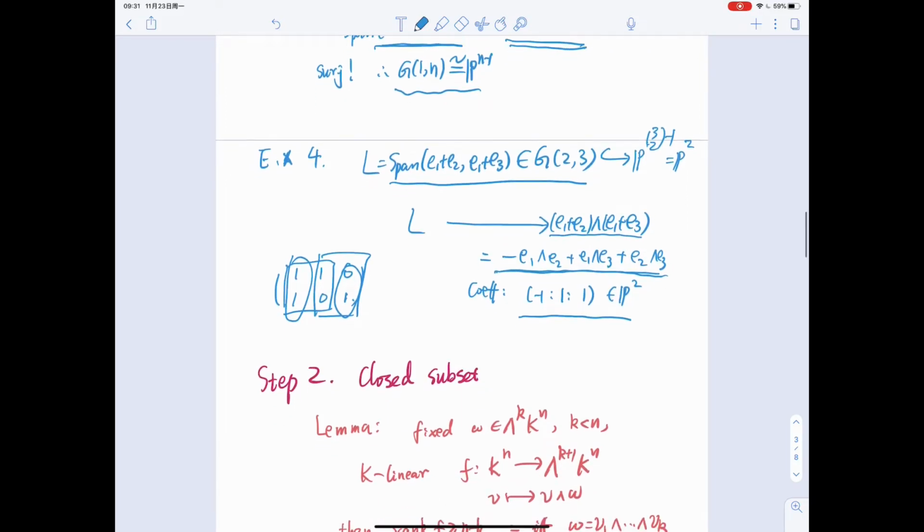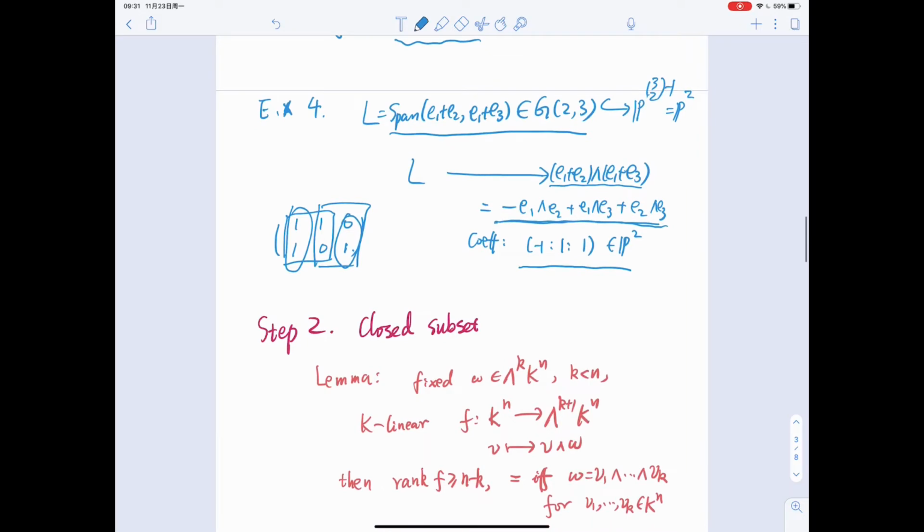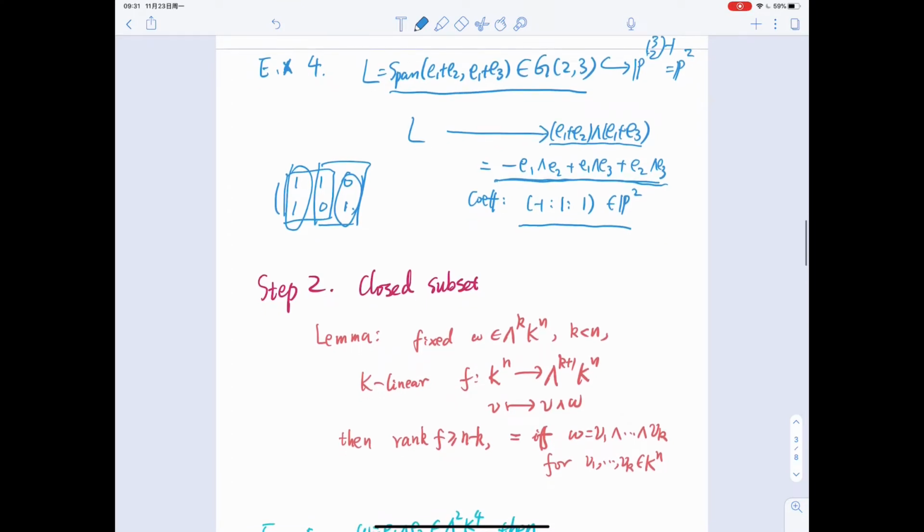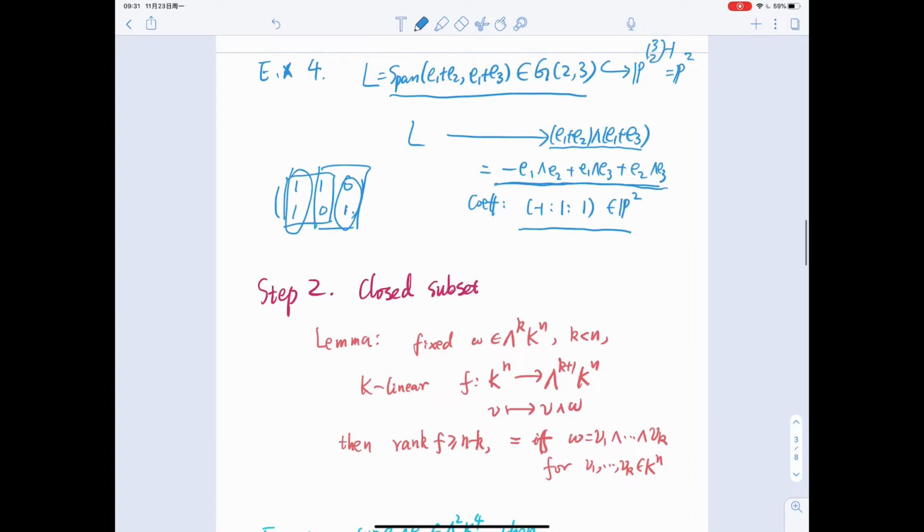Next step, we show that the Grassmannian G(k,n) is a closed subset in projective space, which means that the Grassmannian is indeed a projective variety. So we have to find suitable equations describing the alternating tensors in Lambda^k K^n such that they can be written as the so-called pure tensors.